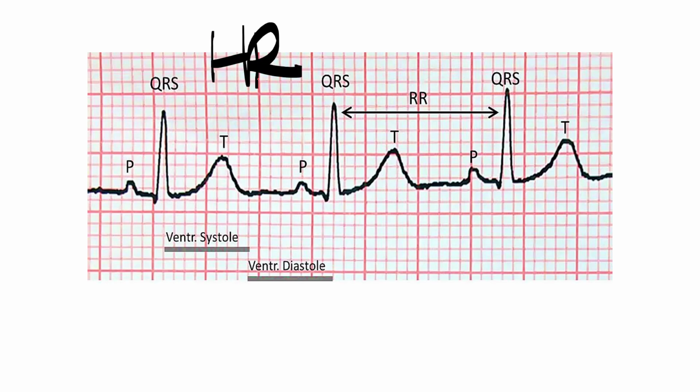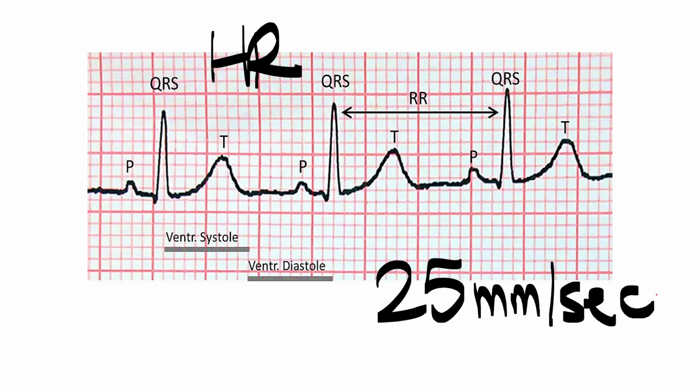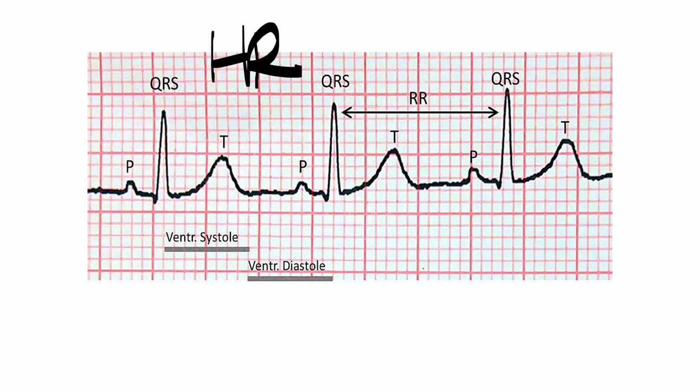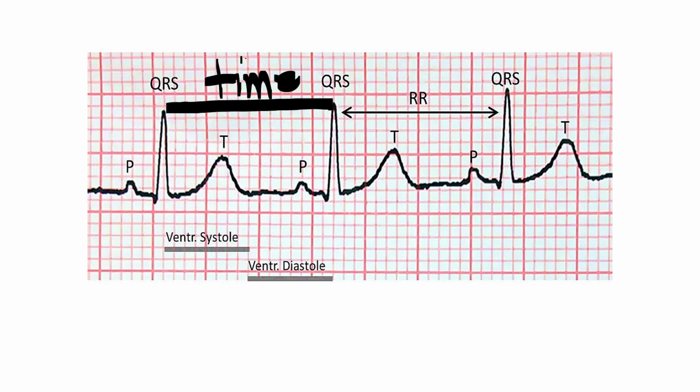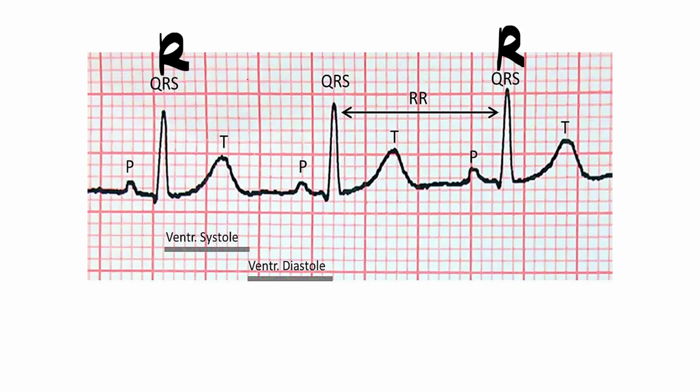What about determining heart rate? If you ran your ECG at a typical speed of 25 millimeters per second, you can do a shortcut where you determine the amount of time between beats and get the heart rate. One of the tricks is to simply count the number of large boxes between two successive Rs, between each of the QRS.